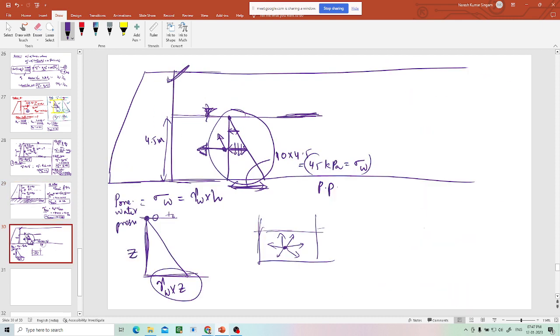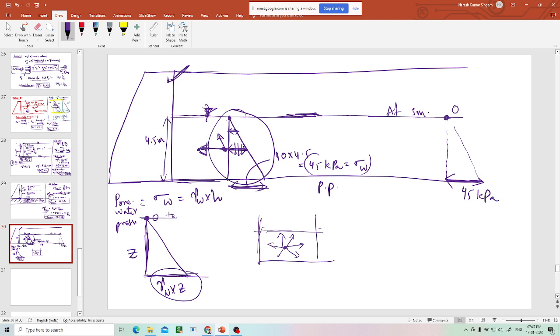Then you have to add this triangle to the pressures which you have calculated. So at 3 meter depth, the pore water pressure is 0. But at the bottom, the pore water pressure is 45 kPa.